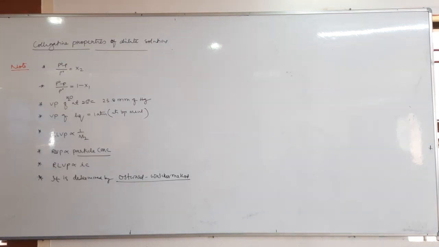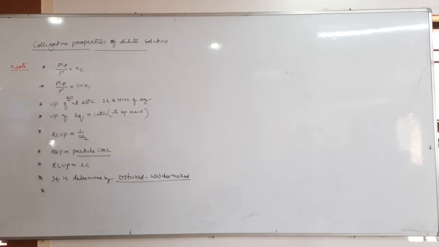Next, it is determined by the Ostwald Walker method, and sometimes in a problem they will mention it like this. When a non-volatile solute is added to a pure volatile solvent, what happens? Its vapor pressure decreases. Yes or no?